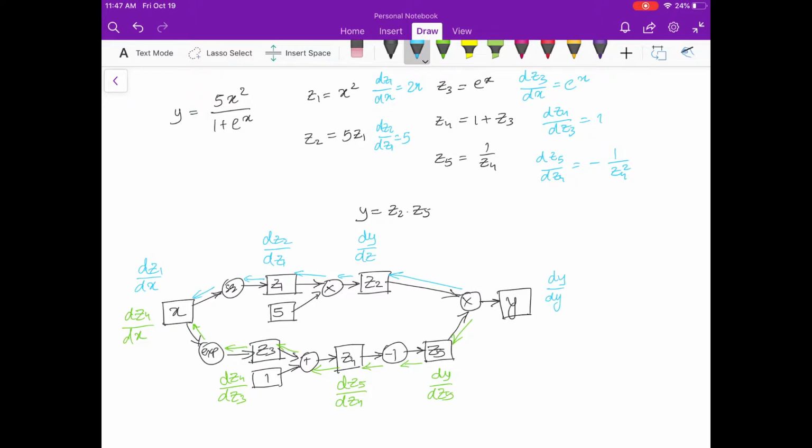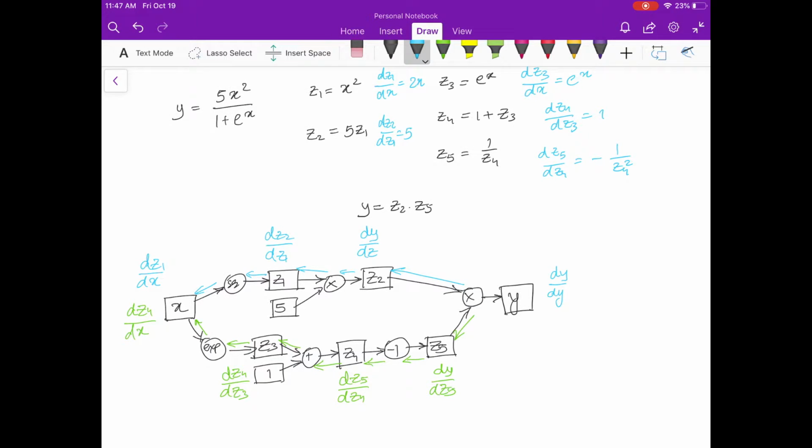And if you don't remember your derivatives, these are very easily available. Go to search Wikipedia for derivatives, and then go to derivatives of simple functions, and you'll see all of these derivatives there.